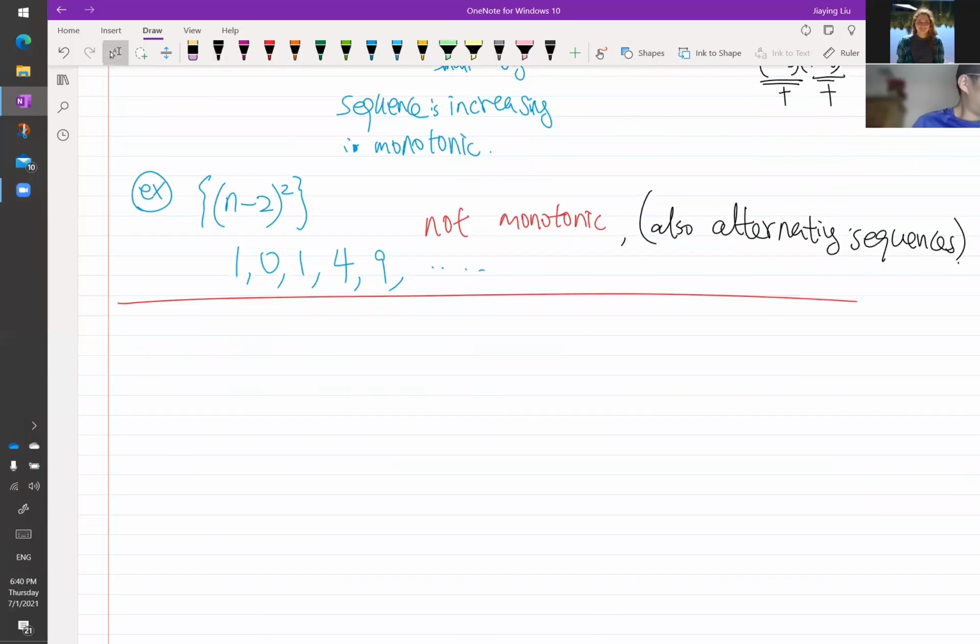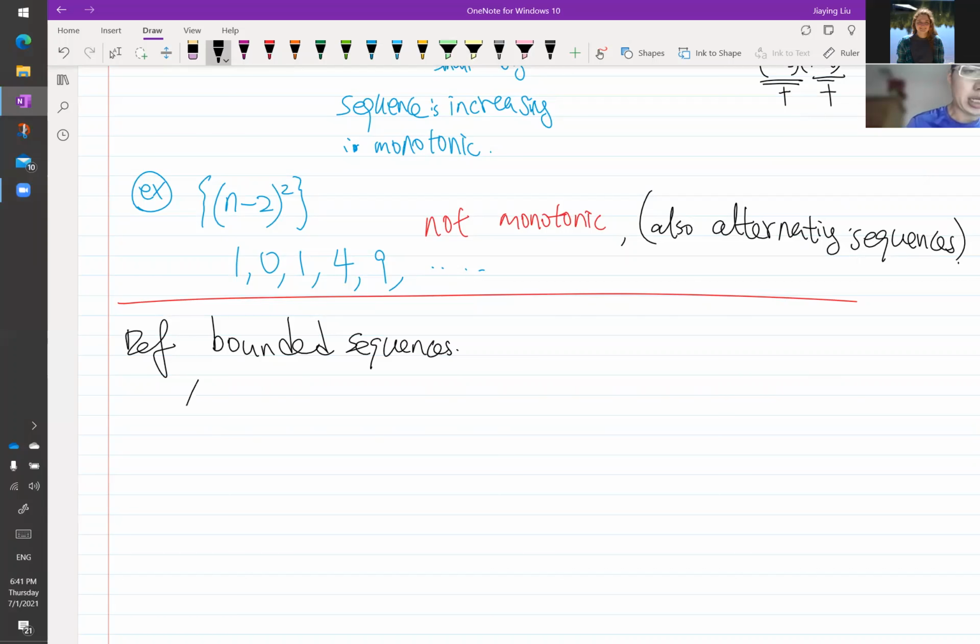Good. All right. So I'm going to have another definition. A bounded sequence means the values of the elements in the sequence are bounded. It doesn't blow up.